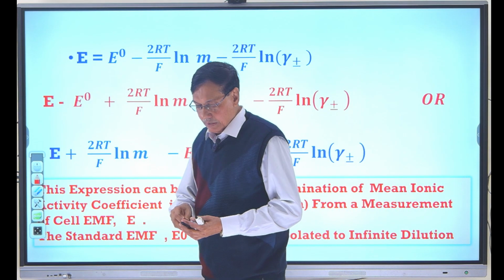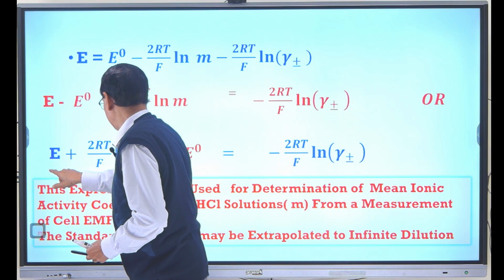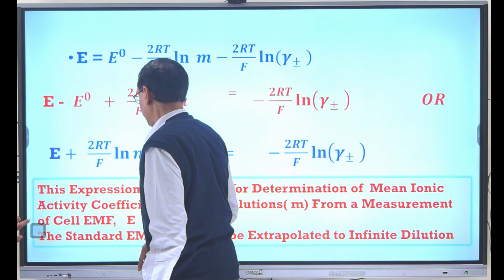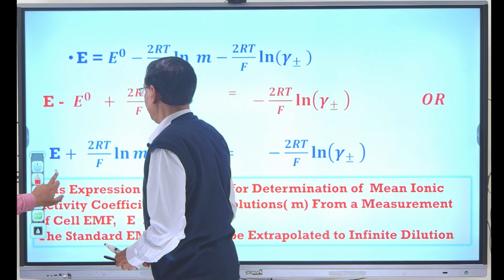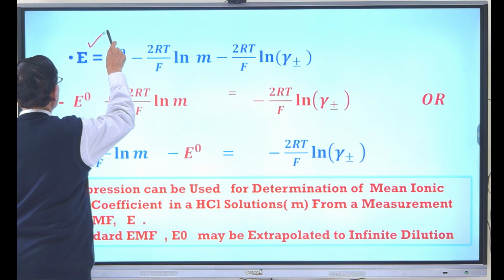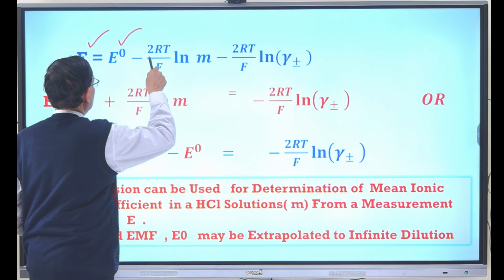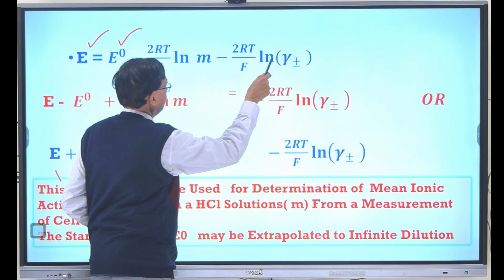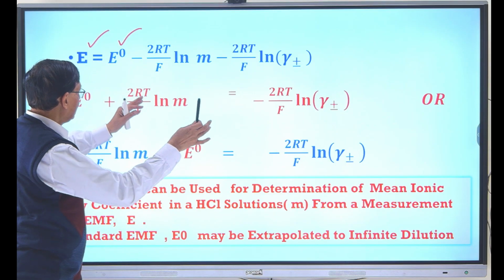Again I am writing the same thing. E is equal to E0 minus 2RT by F natural log of M gamma. I can rearrange this equation.